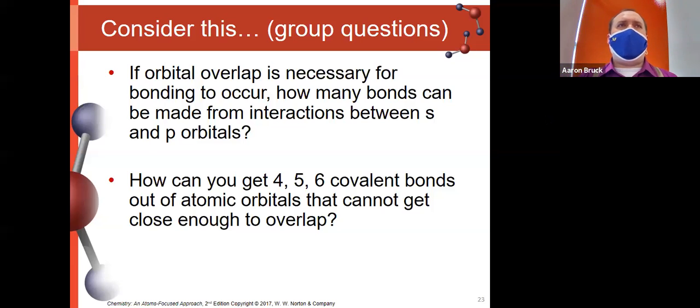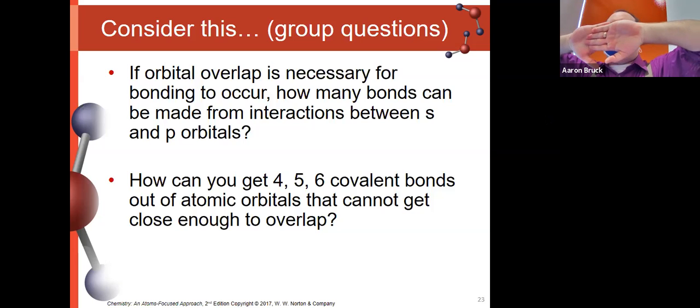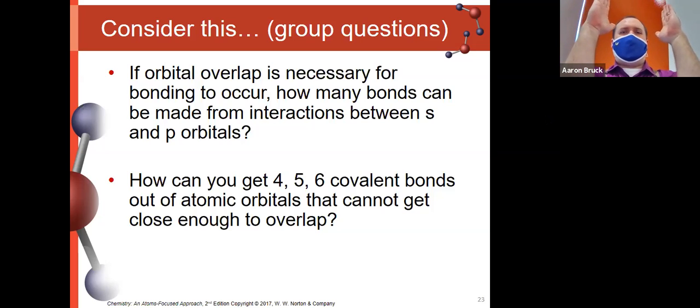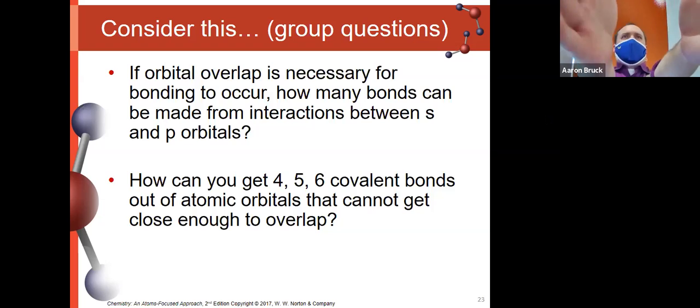And so we could pinpoint that the s orbitals, because they're spherical, would overlap nicely. The p orbitals that are in that horizontal axis would overlap nicely. But the ones in the vertical axis and the ones in the depth axis can't get close enough to each other to bond on their own.